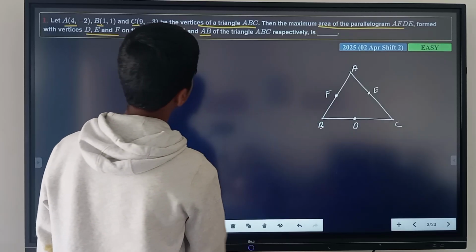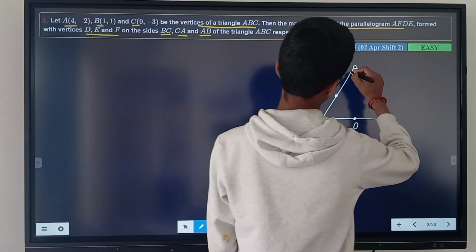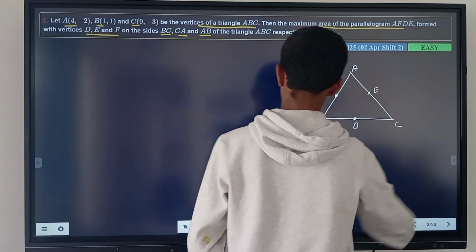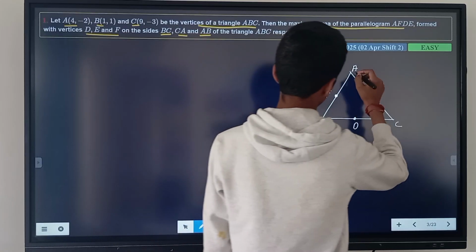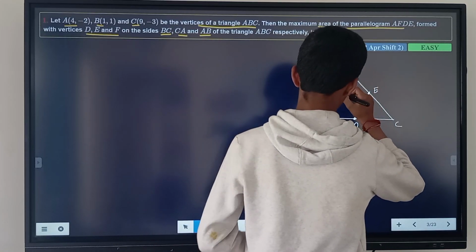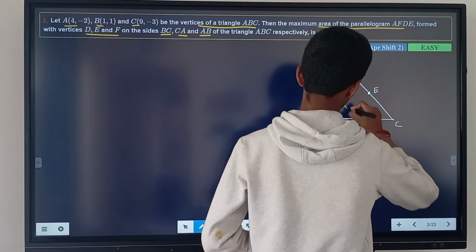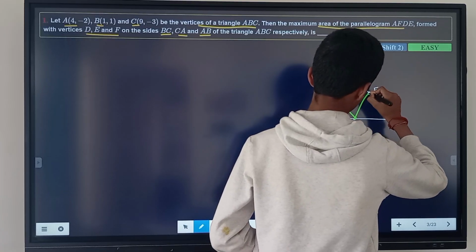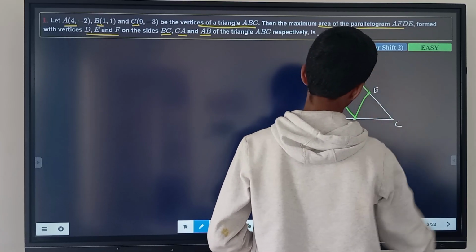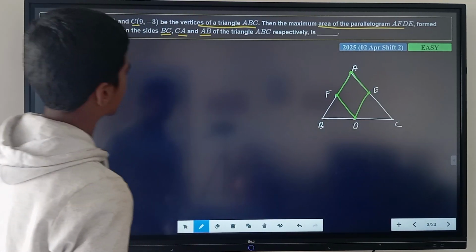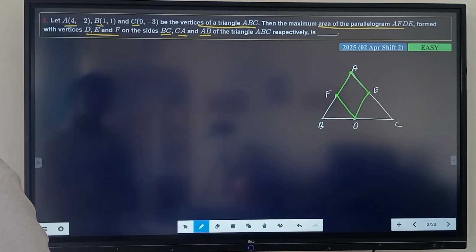And we need to find the maximum area of parallelogram AFDE.